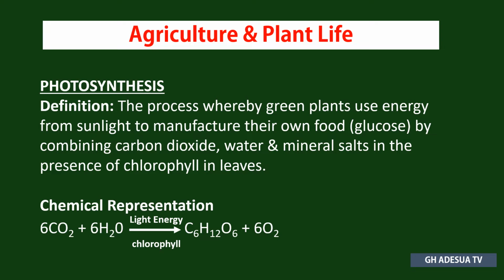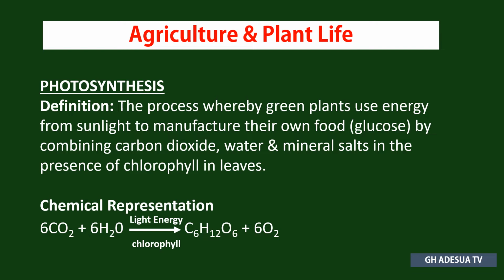Now, chemically we can represent it by an equation as below. CO2 is carbon dioxide, H2O is water. What is not familiar is the C6H12O6, that is glucose or carbohydrates, and then 6O2 is oxygen.